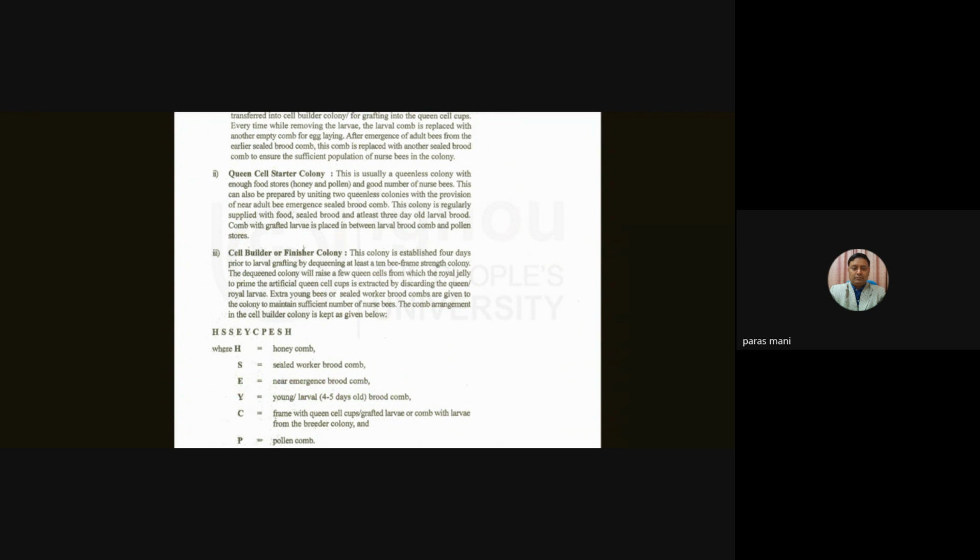The young bees or sealed workers' brood combs are given to the colony to maintain a sufficient number of nurse bees. The comb arrangement in the cell builder colony is kept as given below.